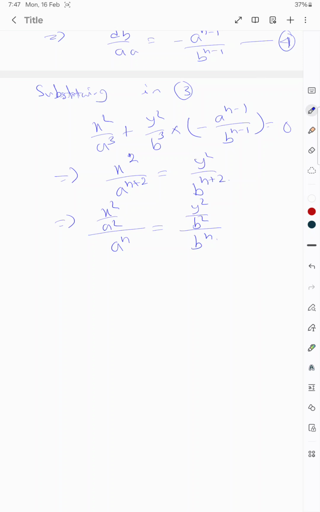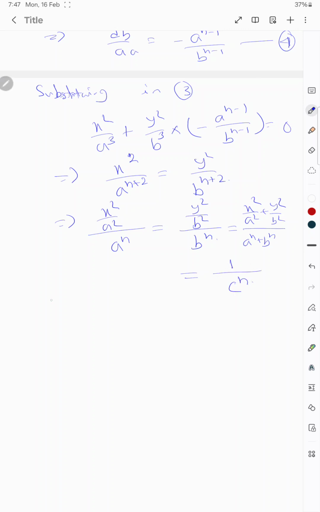So you have this thing. Now, if you add this in the above, you have x square by a square plus y square by b square, and similarly a to the power n plus b to the power n. From there you know the above one is your 1, and this lower one is your c to the power n.